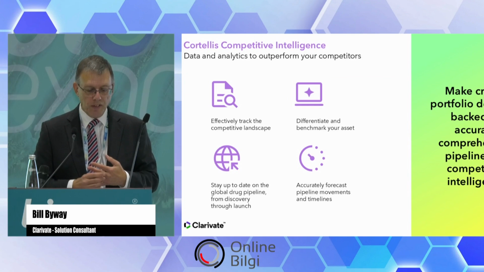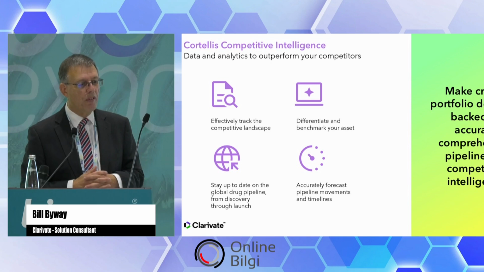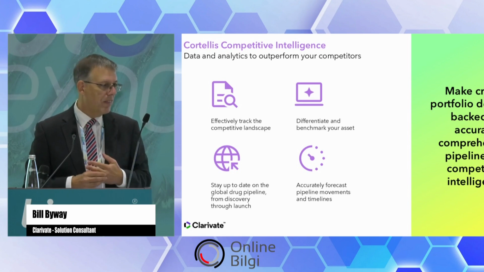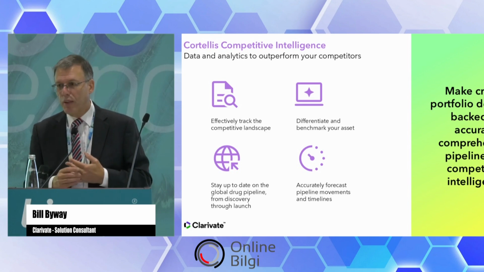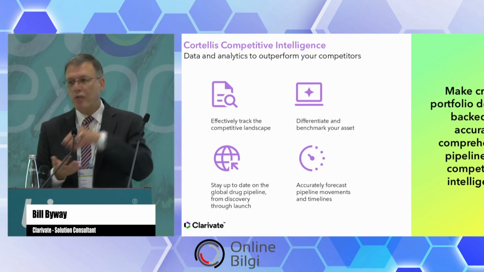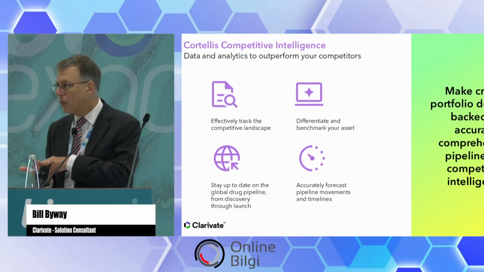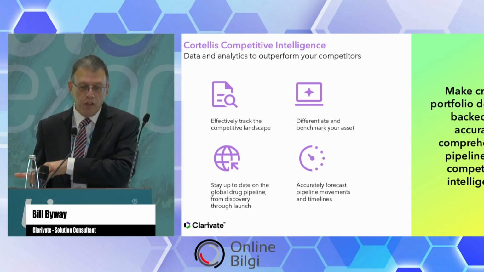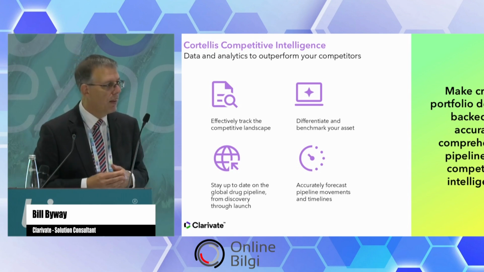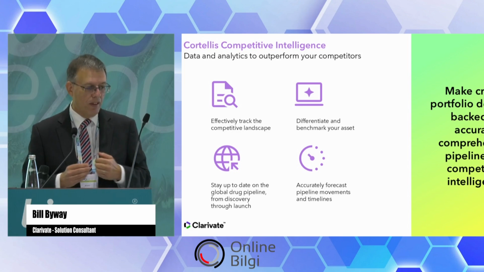If we look at Cortellis Competitive Intelligence, as the slide says, it's really there to help you make portfolio decisions. So data to help you understand what is the competition, what is coming through development from other companies. Help you then to differentiate between those products by understanding other products well, understanding what are those other products' strengths, what are those other products' weaknesses, so that you can position against those, which is obviously very critical in any business situation.